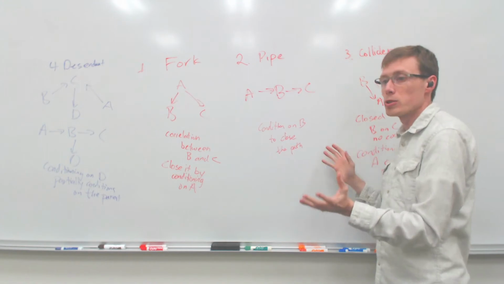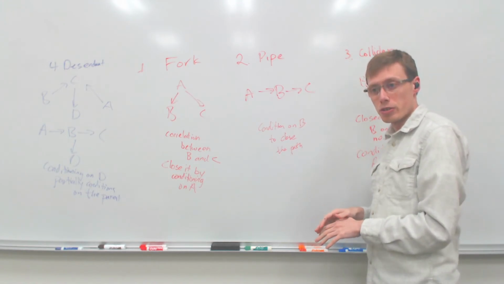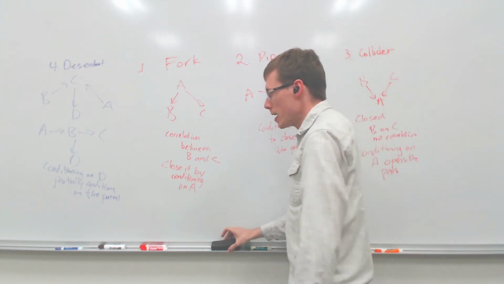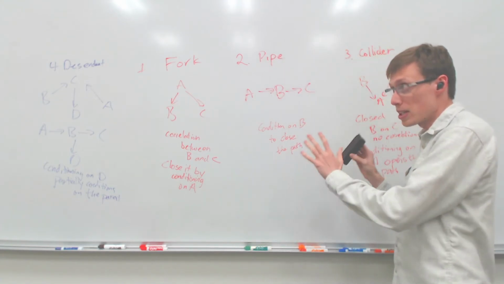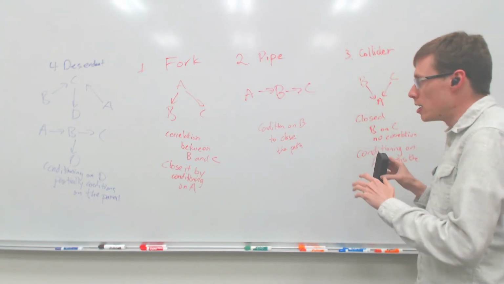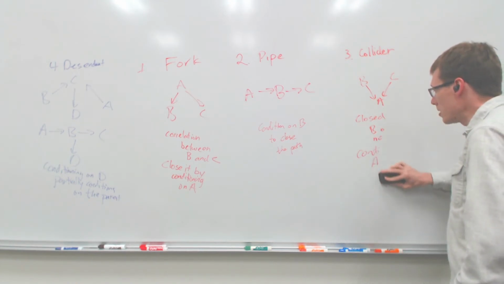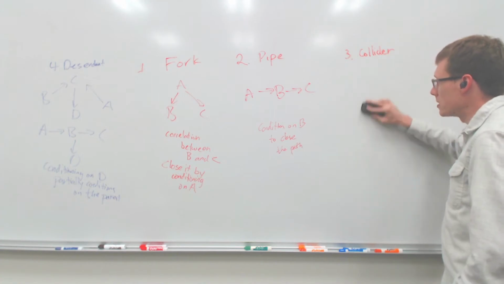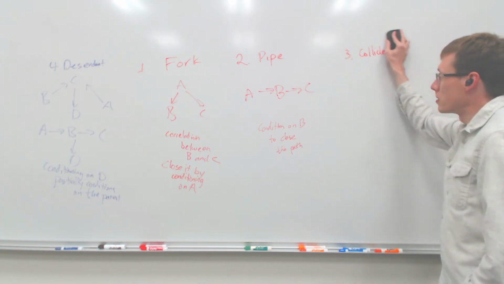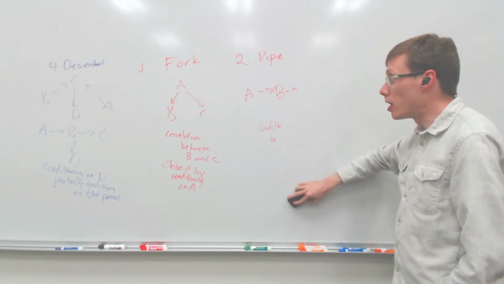Figure out what variables you have to include in your regression. Sometimes it's not possible with all these graphs, but oftentimes it is, then you can at least have a little bit of confidence that you can say something about the effect of one on the other causally.